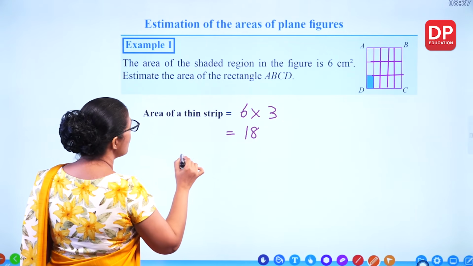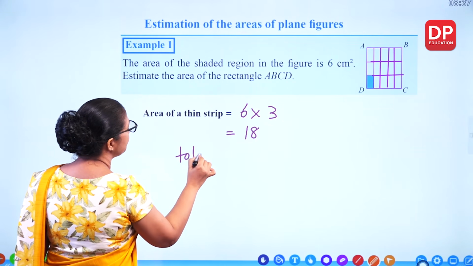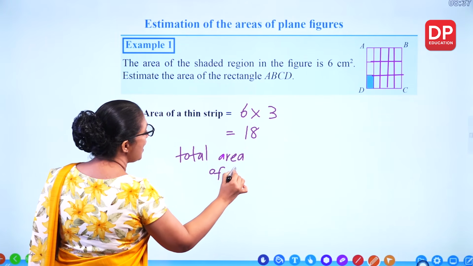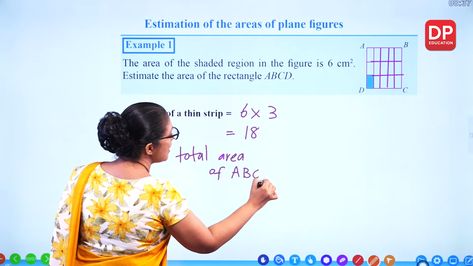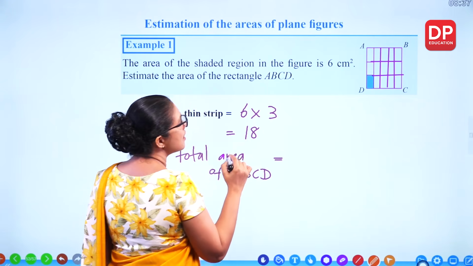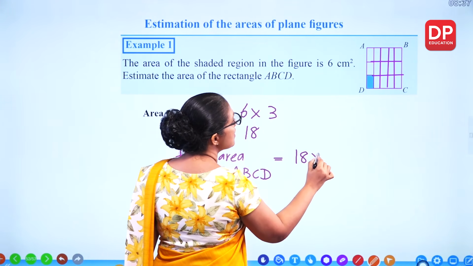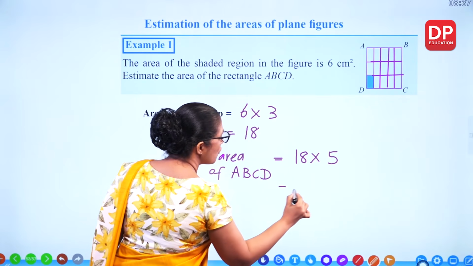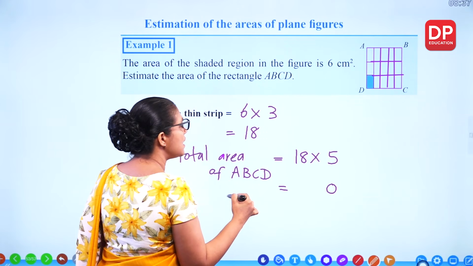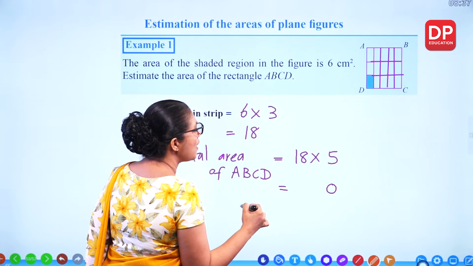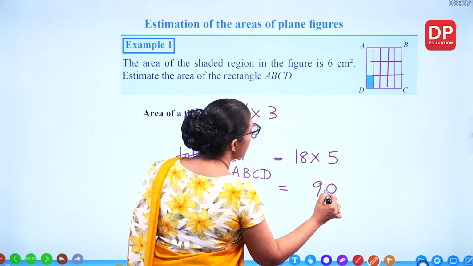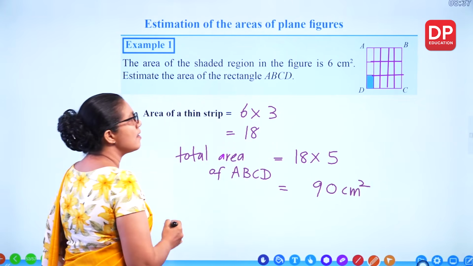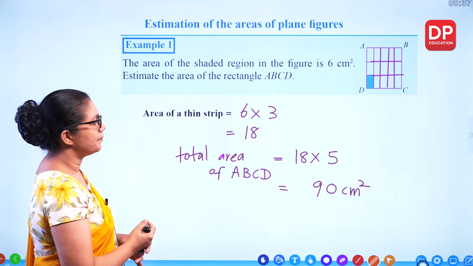So the total area of ABCD is 18 times 5. 5 times 8, 40. 5 times 1, 5 plus 4, 9. 90 square centimeters for the full area.